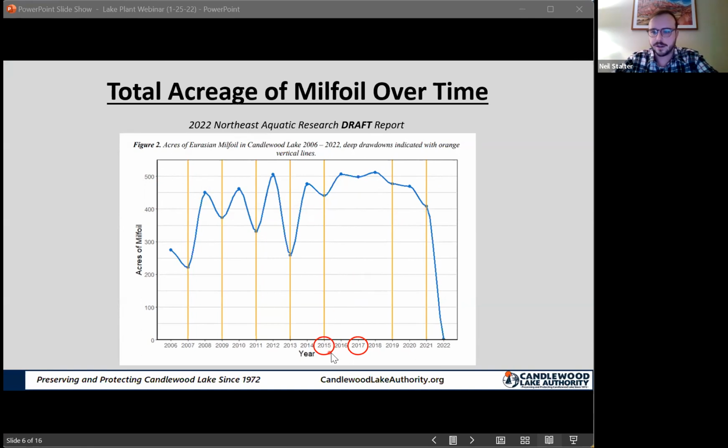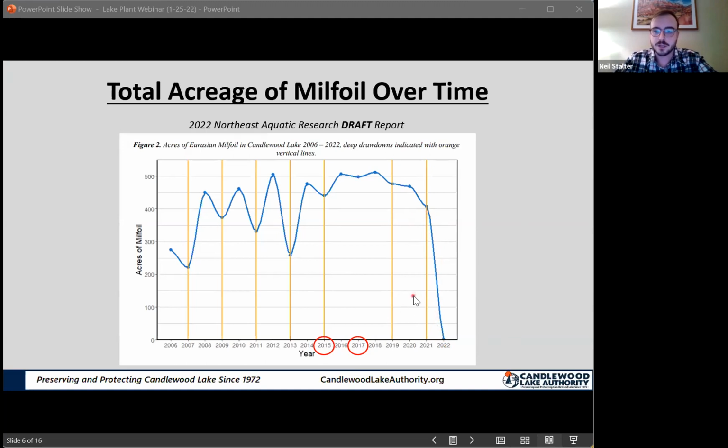I've also highlighted these two years where the grass carp were stocked, just to put this whole picture into context. Obviously, this past year, 2022, represents a really dramatic change in total acreage, going from roughly 400 acres of plants in 2021 to effectively 0 this year.